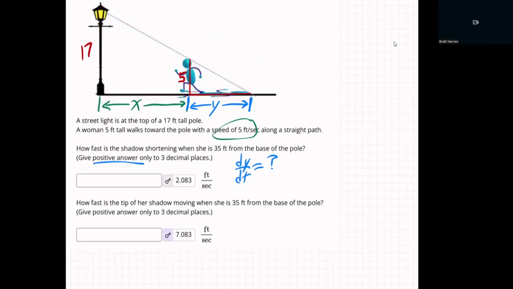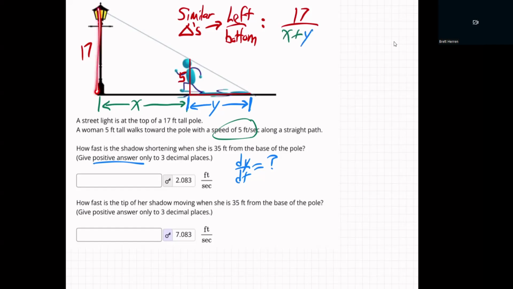Again, I'm going to go left is to bottom. It's going to be consistent, similar triangles. Left is to bottom. So I'm going to go 17 is to x plus y, right?